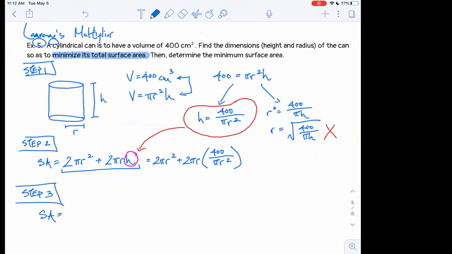All right, so 2 pi r squared is the first term. Take a moment and simplify that second term, and then someone tell me what you get.